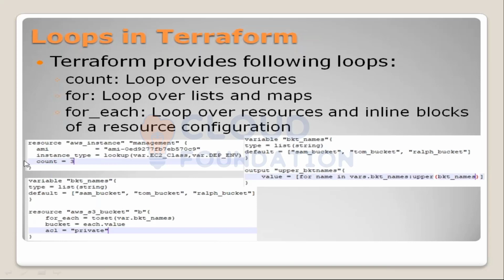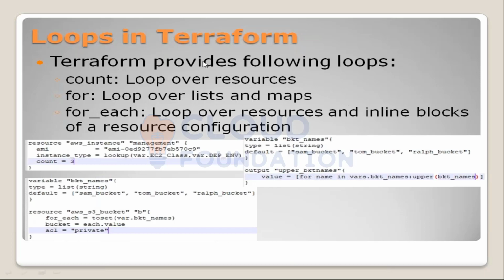If you see this block of code, I have put it in one of the AWS resources, that is aws_instance. I have simply put count 3. So this resource, with the exact configuration, is going to be repeated 3 times. So that's the function of count.